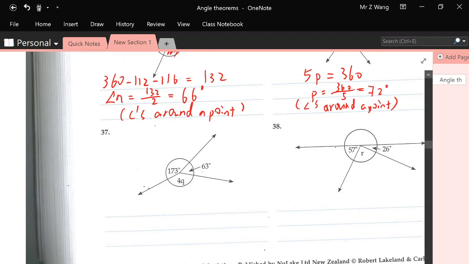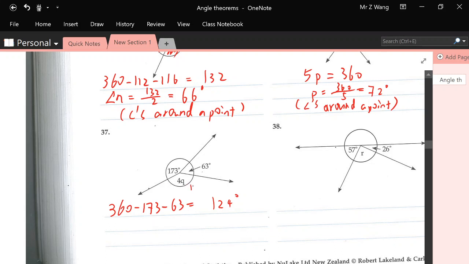Right, so here you have three angles. One is 4Q, 173 and 63. So you first use 360 minus 173 minus 63. The answer is 124 degrees. But this 124 is 4Q, right?